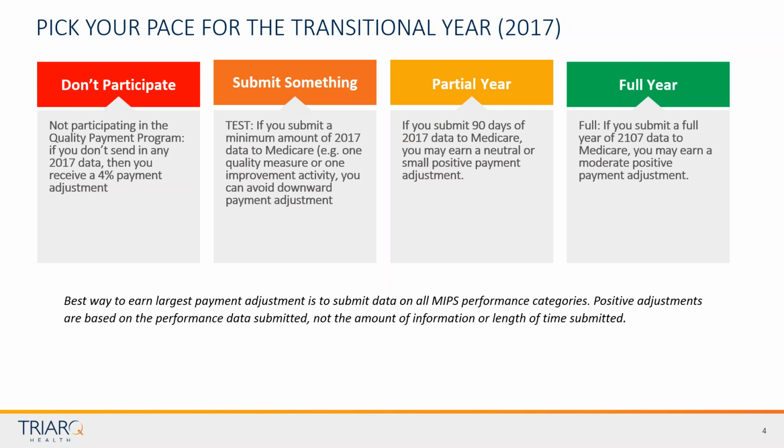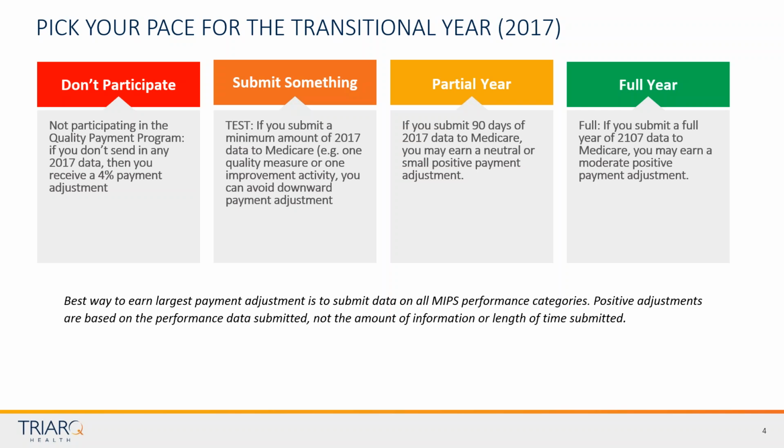I'm going to address this again in the FAQ section at the end, but for the longest time, we've been reading about MIPS and studying MIPS for the last over a year, ever since the proposed rule came out, and then when the final rule came out. And we've been puzzling over, well, why would I ever do the full year if I didn't have to?